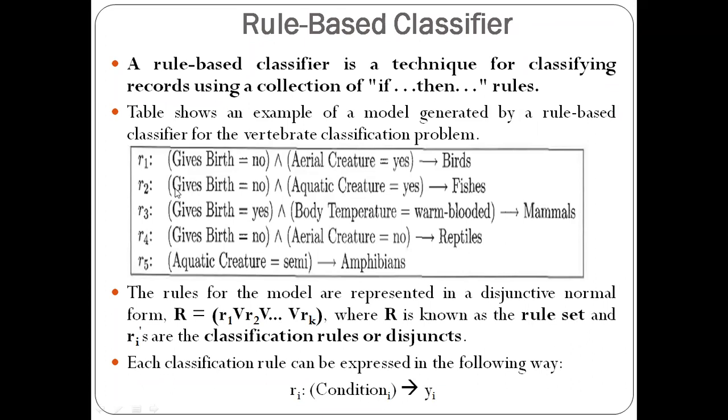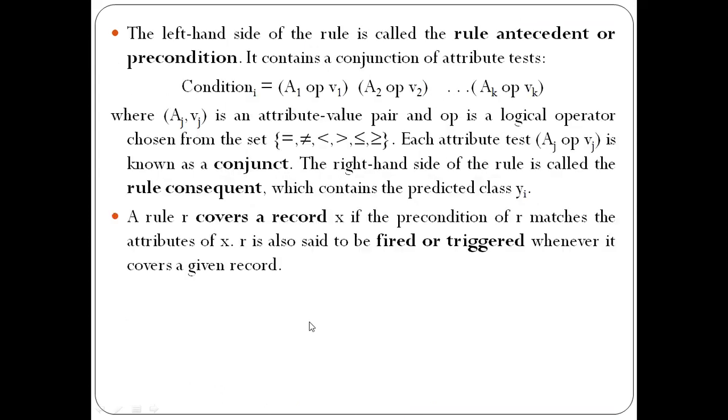And in the same way, for the second rule, gives birth is an attribute, and aquatic creature is also an attribute, and the values are no for gives birth and yes for aquatic creature. So this condition will be a combination of attribute value pairs, that is a1 op v1, a2 op v2, and so on, ak op vk. Each of these conditions will be in this form.